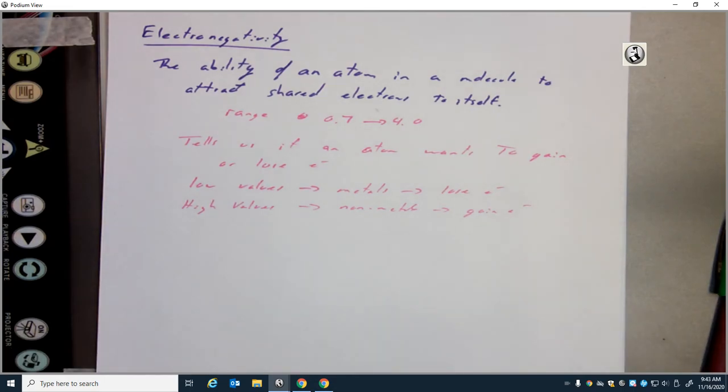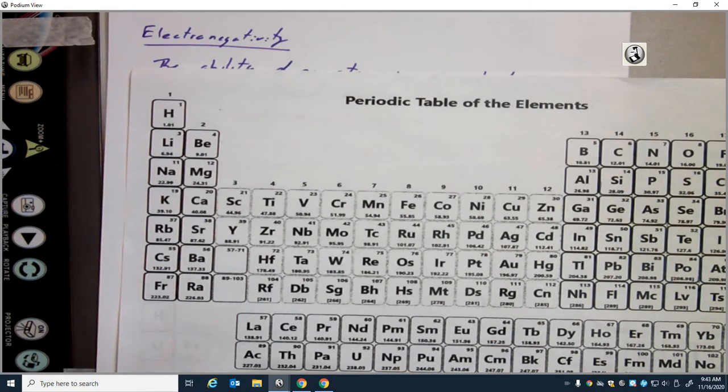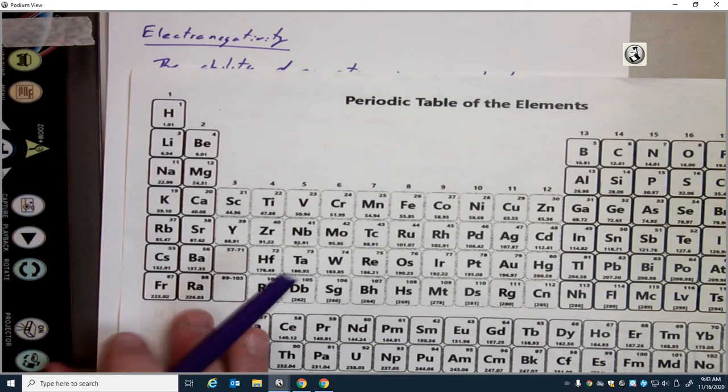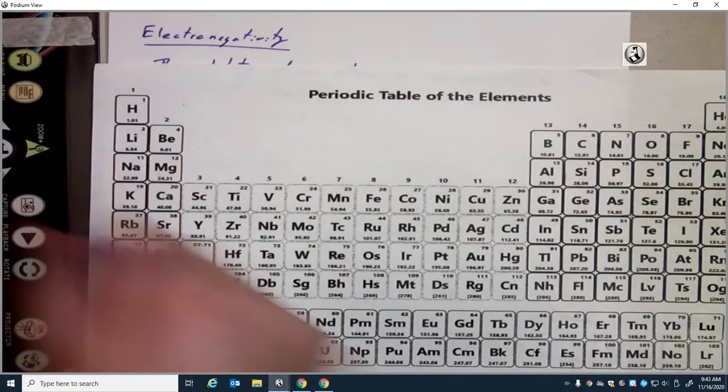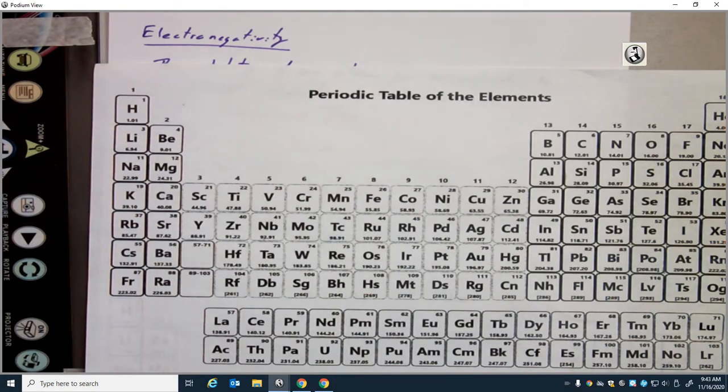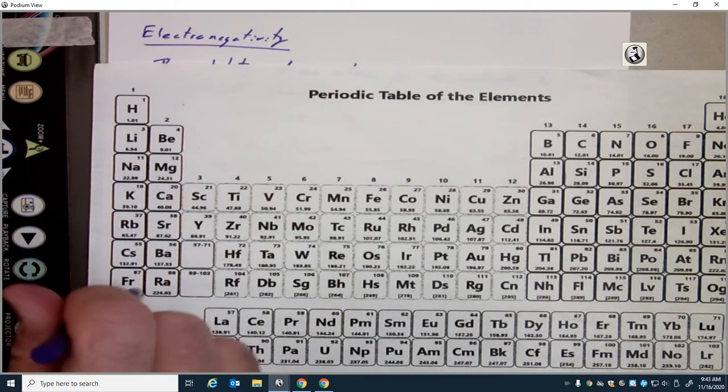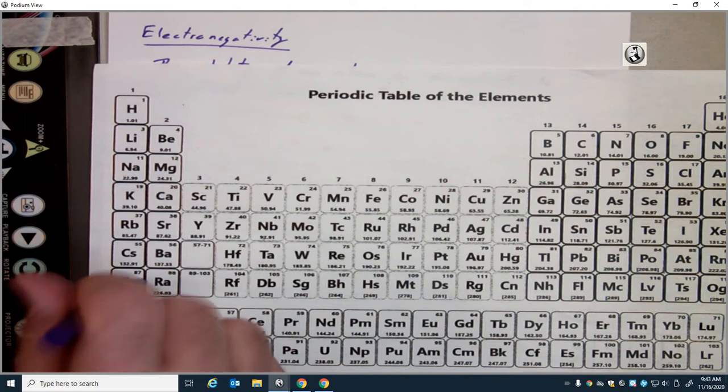All right. So if we look at the periodic table, let's start over here on the metal side. The metals want to lose electrons. Which is the most metallic element on the periodic table? That would be francium.